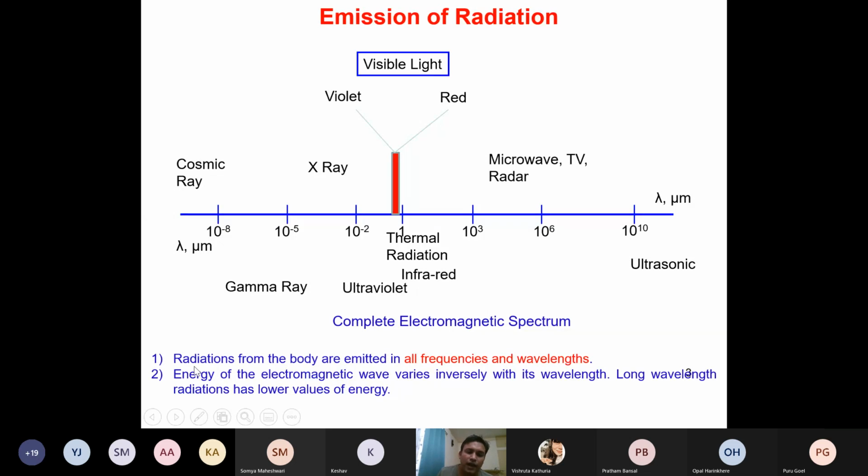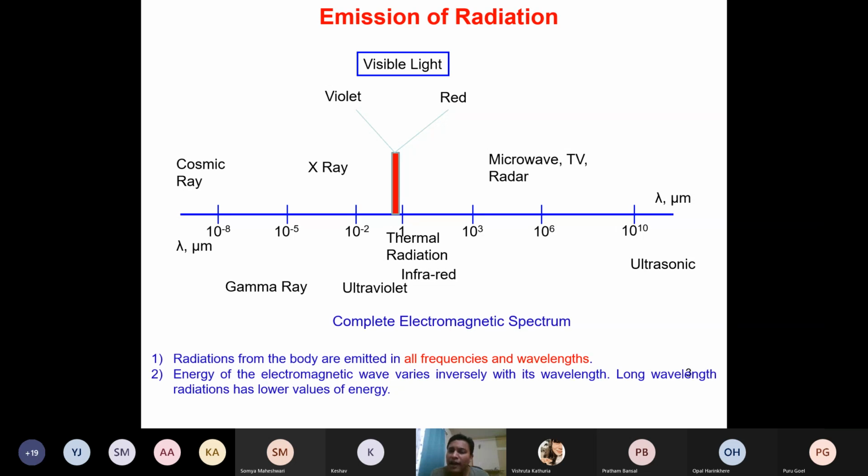Okay. Again, one more important point to note down here is that the energy of electromagnetic waves varies inversely with the wavelength. So what it means is, gamma rays or cosmic rays are going to have more energy compared to ultrasonic waves or radio waves, etc. Basically energy is inversely proportional to the wavelength.